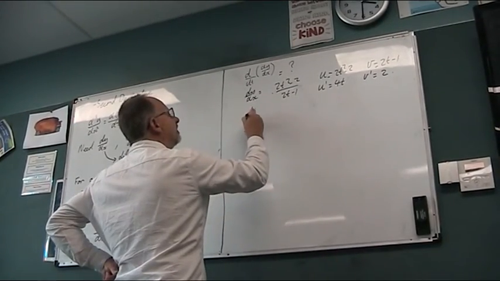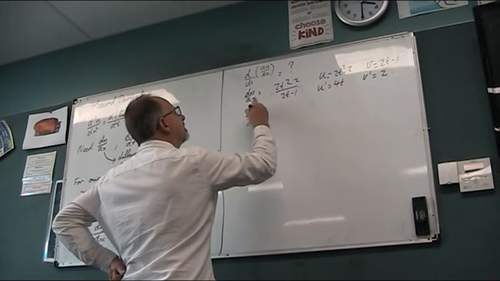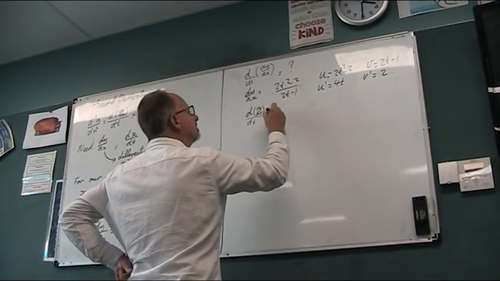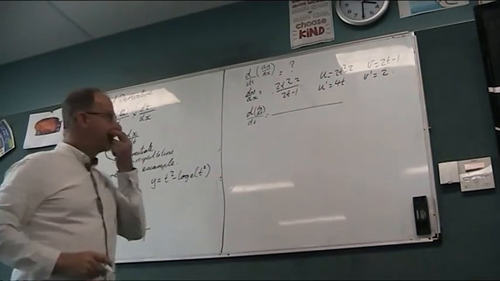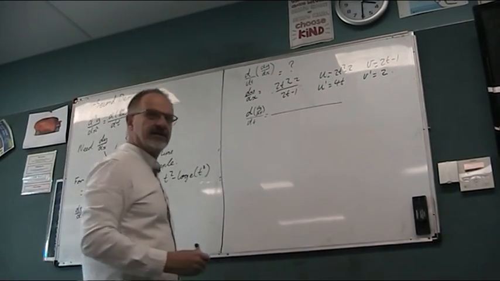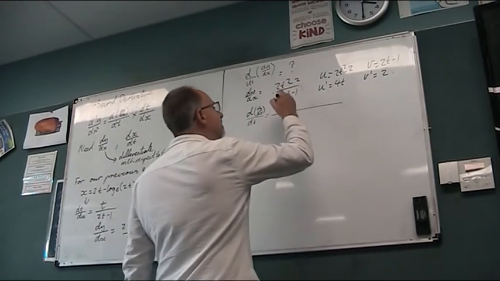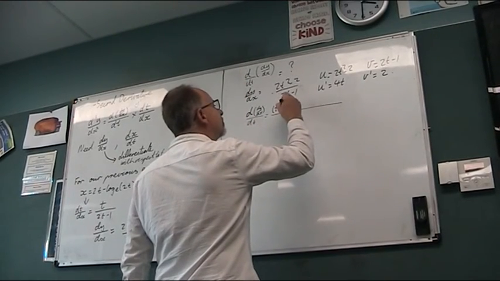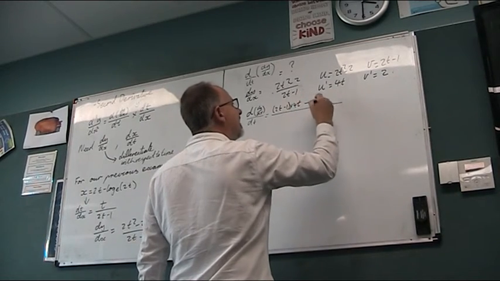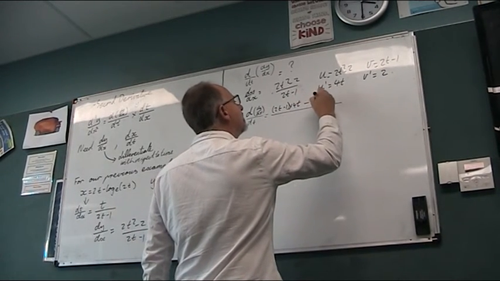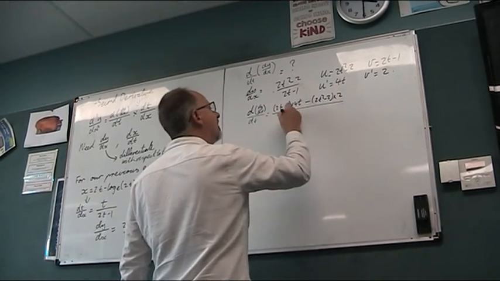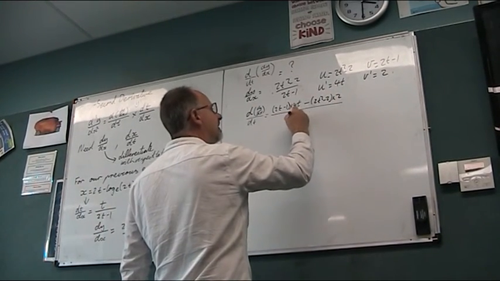So when I then differentiate that with respect to time, it's v times u dashed: 2t minus 1 times 4t, take away u, 2t squared minus 2, times v dashed, all over v squared.